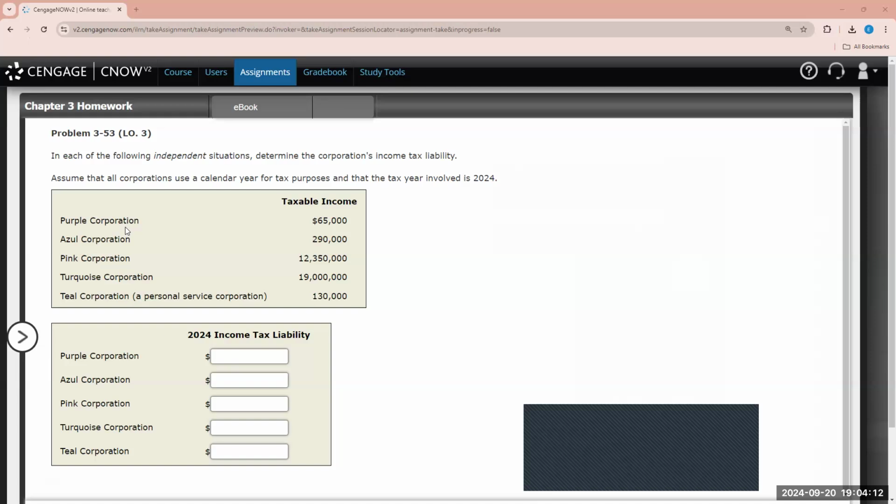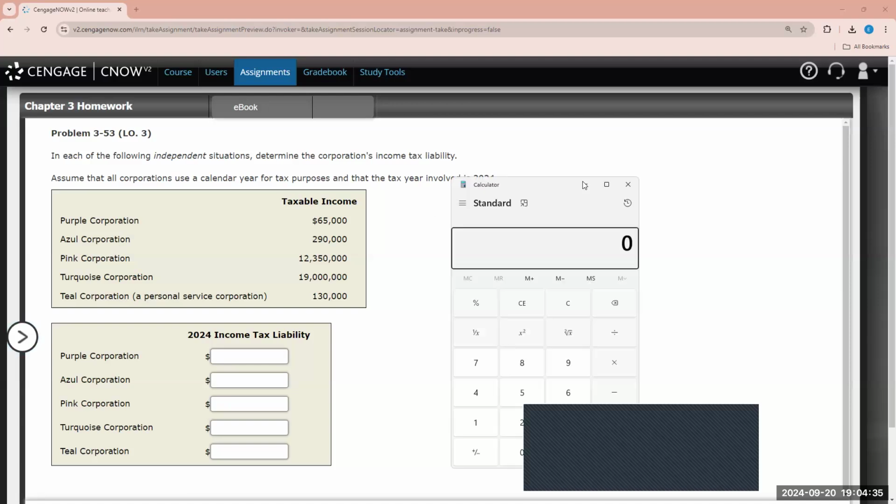So a personal service corporation, also referred to as a PSC, is basically a corporation that's substantially employee owned, right? And then it engages in one of the following activities. Maybe it's health, it's law, architecture, accounting, right? But much like any other corporation, personal service corporations are also taxed at 21%.